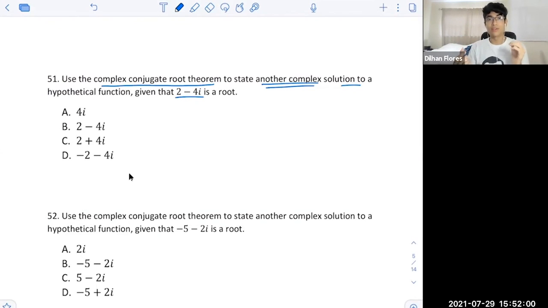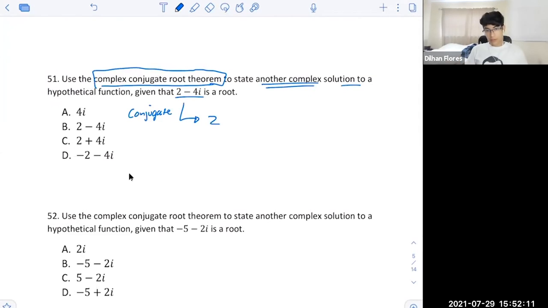So what would the conjugate of 2 minus 4i be? Remember that all you need to do is flip that middle sign. There you go.